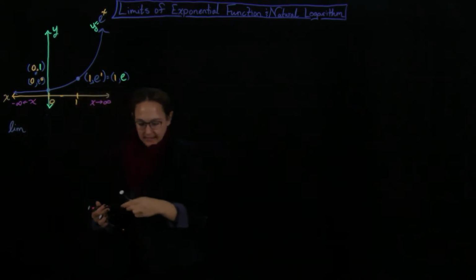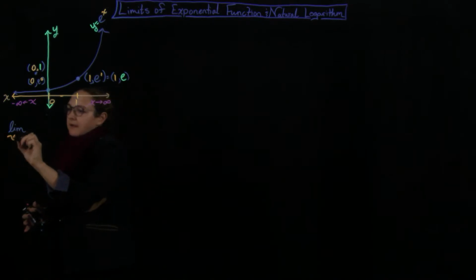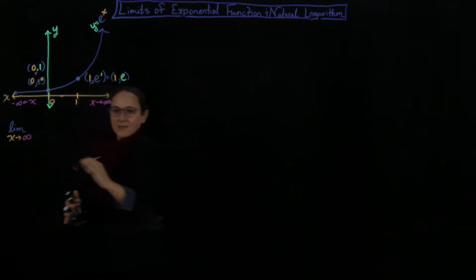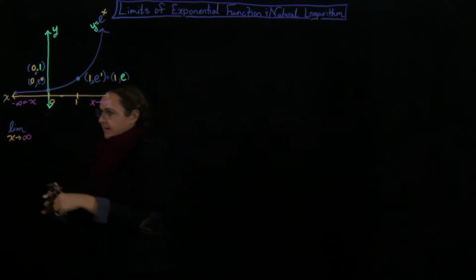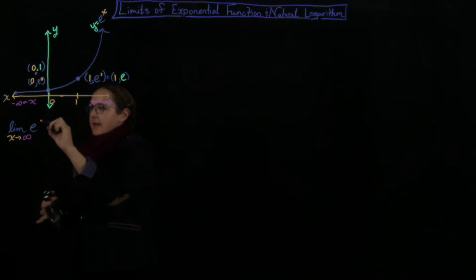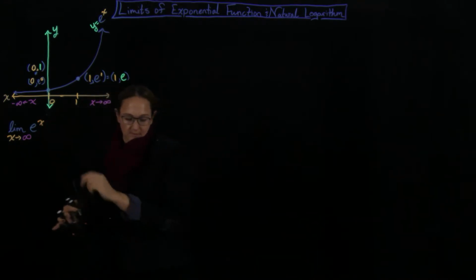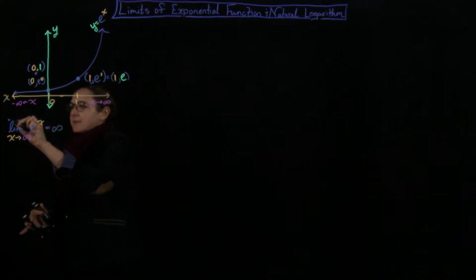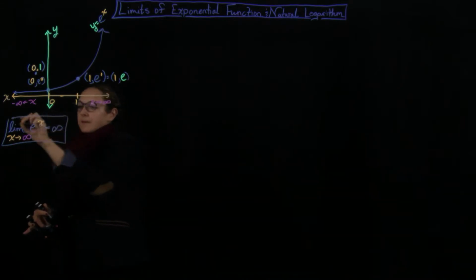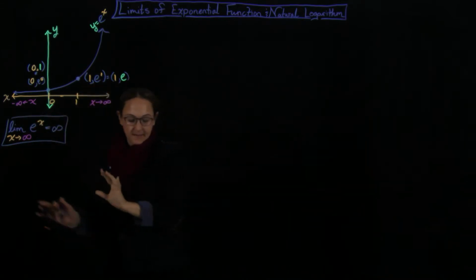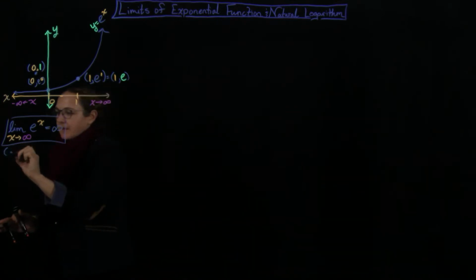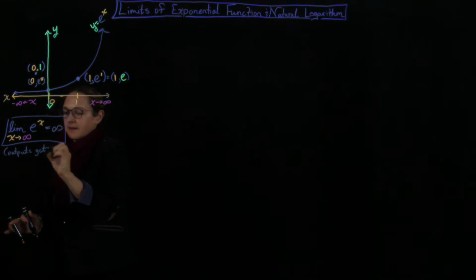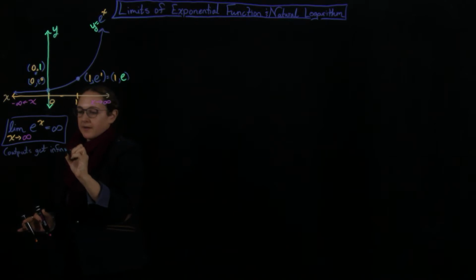So the first limit I'm going to look at is the one that you can really guess from the graph, which is that if x goes to infinity, then e to the x is also going to infinity. We can tell because the graph goes up infinitely, but another explanation for this is that the outputs get infinitely big positive.